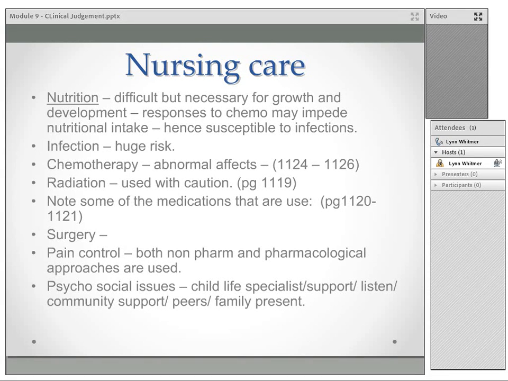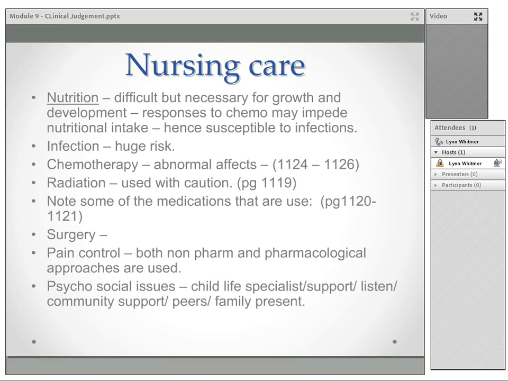So we're going to have to be very cautious and very mindful of infection control issues, be it gowning, gloving, hand washing, masks. Maybe they need to wear a mask when they're out and about. We also need to make sure their skin is completely intact so there's not an area in which they're at risk of infection. So if they have an abrasion, we need to be sure that we're cleaning it well and keeping it covered.